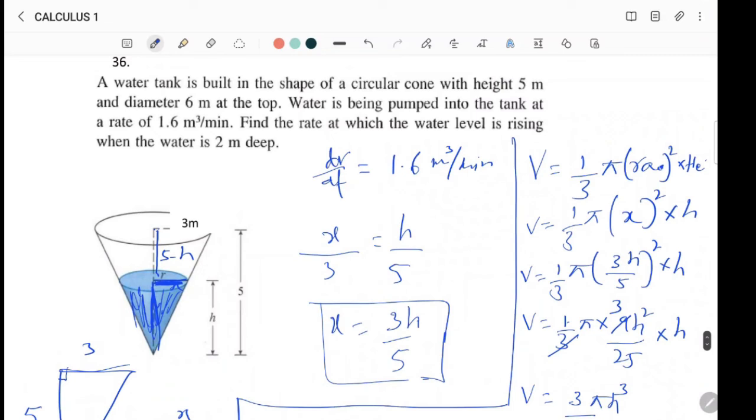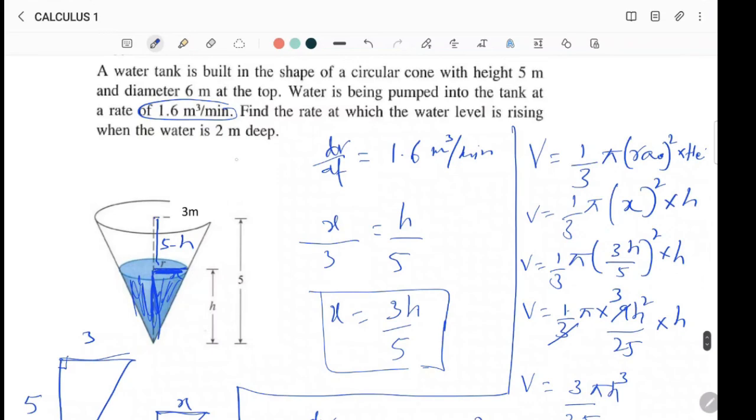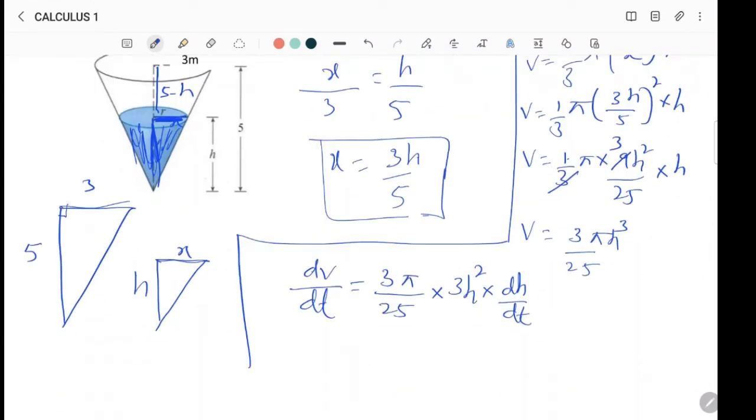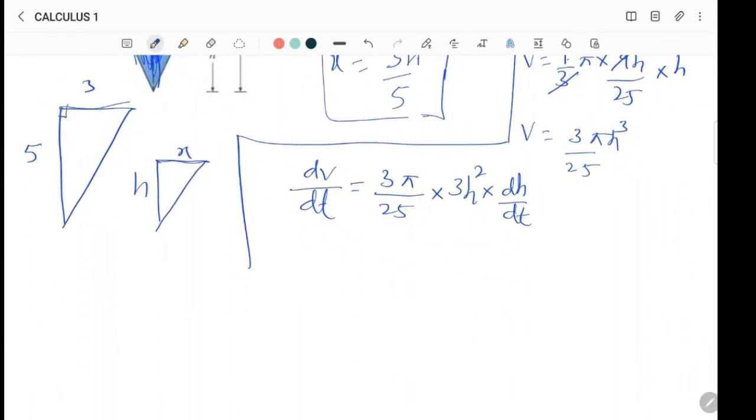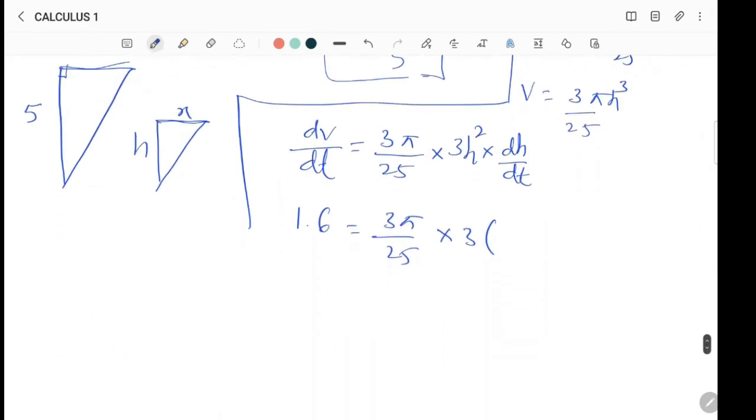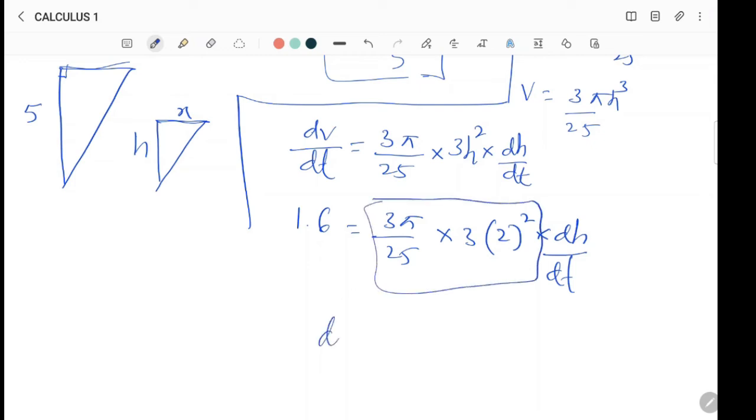Now dV over dt is 1.6 meter cube per minute and h is 2. So 1.6 equals 3 pi over 25 times 3 times 2 square dh by dt. So this whole term will come in denominator.